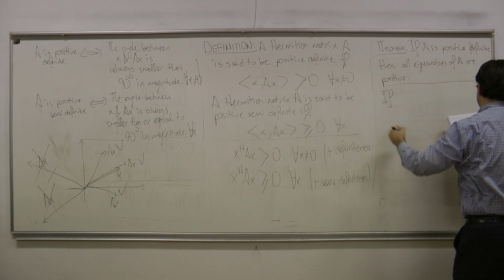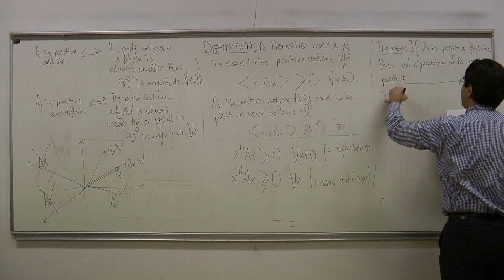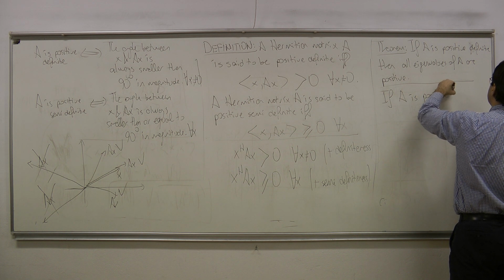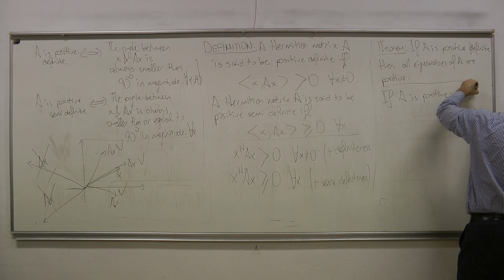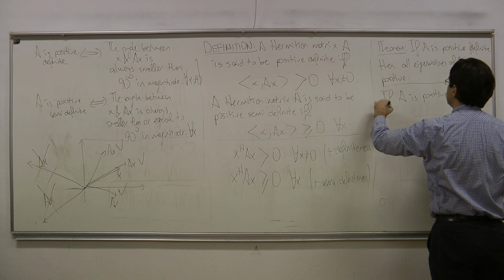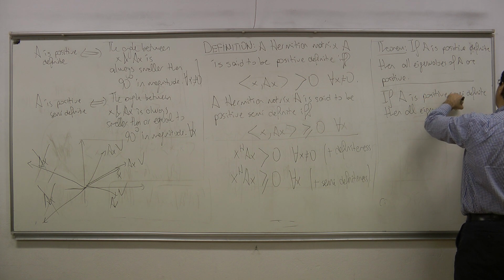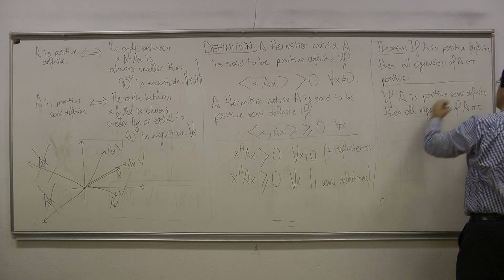This is the first part of the theorem. If A is positive semi-definite, then all eigenvalues of A are non-negative.